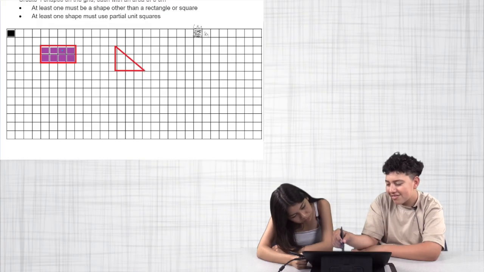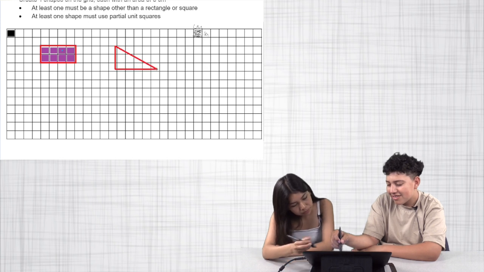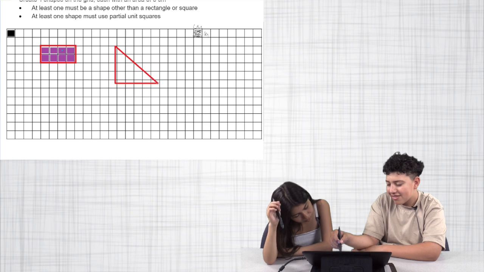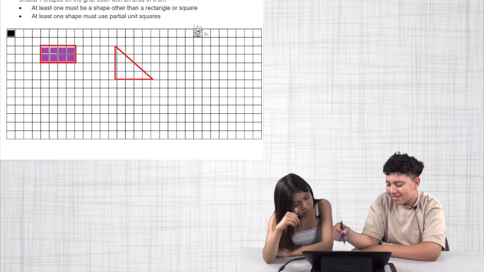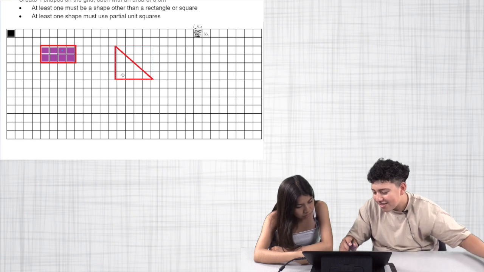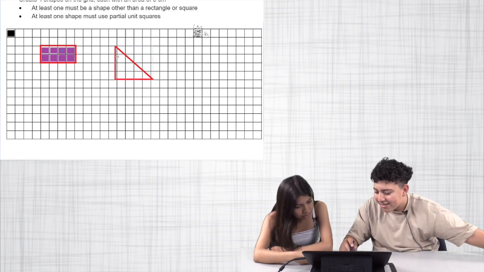Did we get 3 triangles? No, because that one's like... hold on. Look. 1, 2, 3. 1, 2, 3. 1, 2, 3, 5, 6, 7, 8.